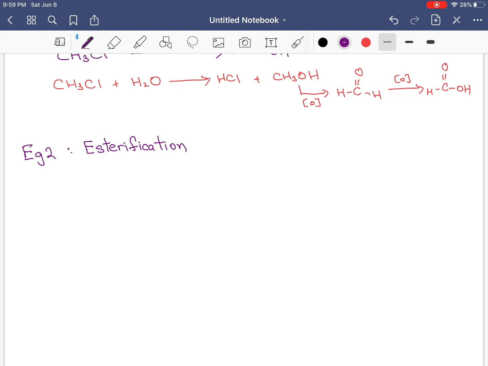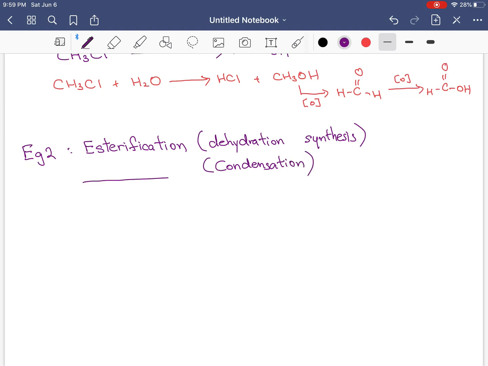In other words, biologists tend to call this dehydration synthesis, because theoretically you're synthesizing, you're putting two things together to become one, or some people just call it condensation because of the creation of water. But the real term for this type of reaction is called esterification, because that's exactly what you're making.